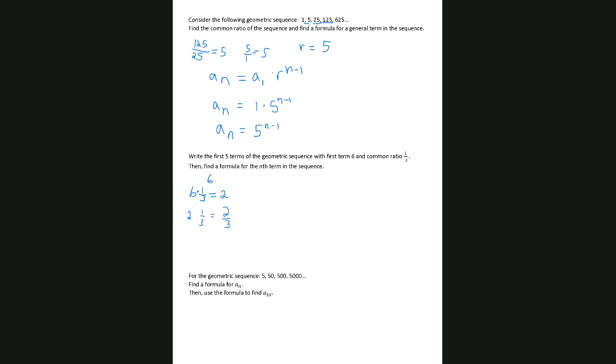And then 1, 2, 3. The fourth term is 2/3 times 1/3, and that is equal to 2/9. And the fifth term is 2/9 times 1/3, and that is equal to 2/27, right?